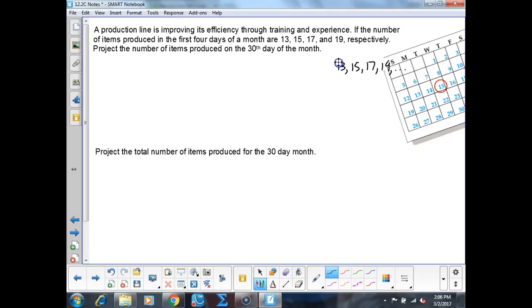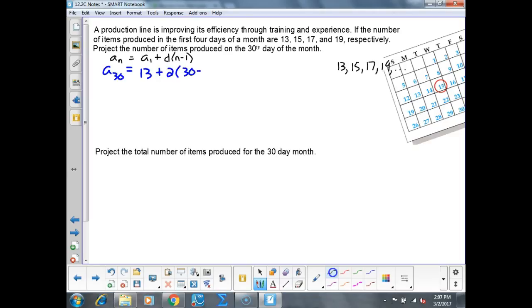So the 30th day, A sub 30, using my formula A sub n equals A sub 1 plus d times n minus 1: my first term was 13, my common difference is 2, and there are 30 days in this month.